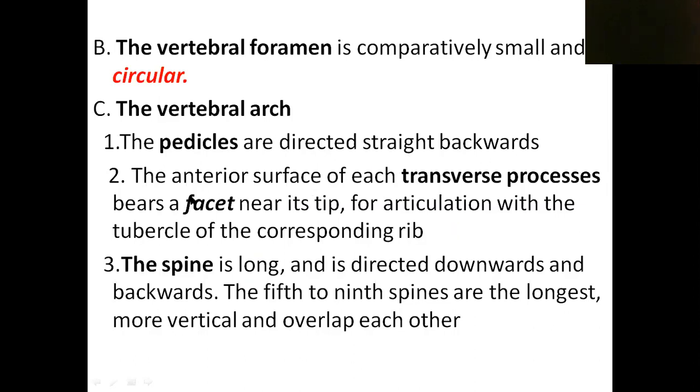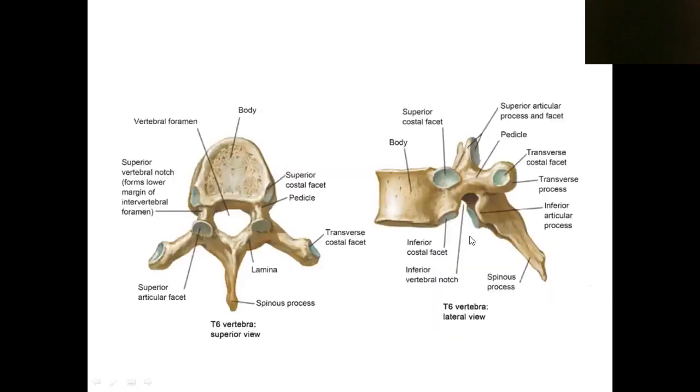Then the transverse process. The anterior surface of the transverse process has a facet. That facet articulates with the tubercle of the corresponding rib. What is meant by that? This is the transverse process in this image.